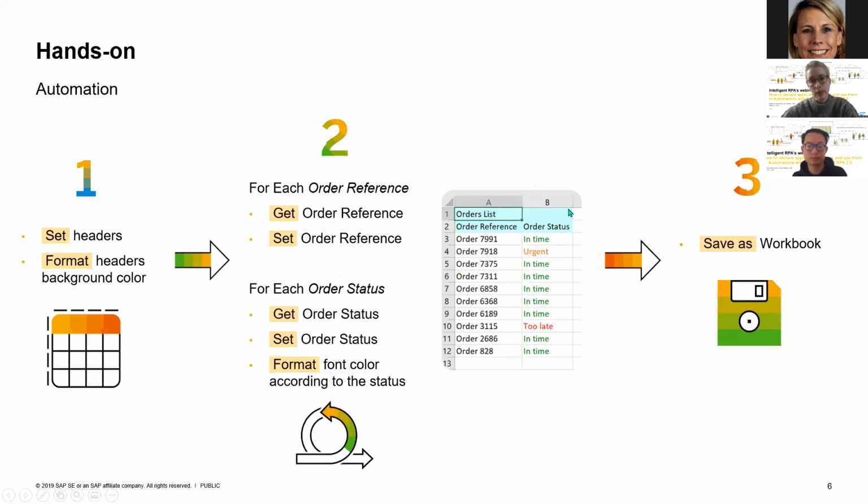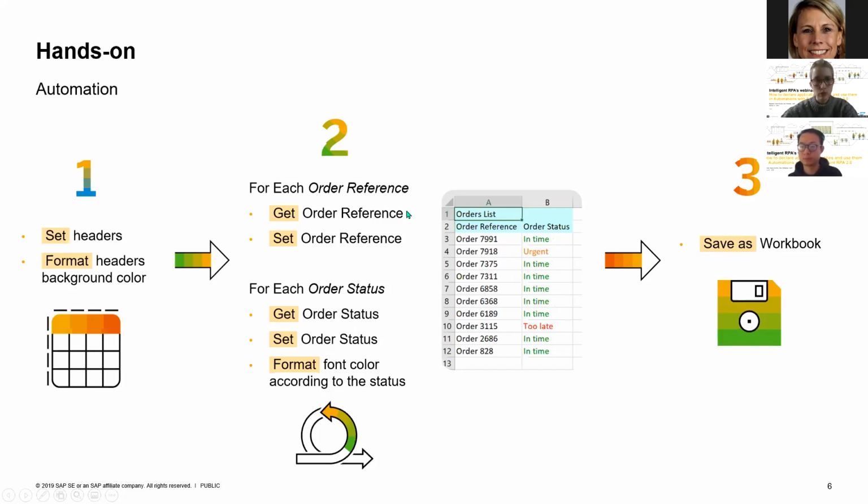So you have the main header, orders list, and one column A for order reference, one column B for order status. So you see here you have all the references, and in the status column, you have 3 different kinds of statuses: in time, urgent, or too late. And as you can see, the statuses are colored according to their content.